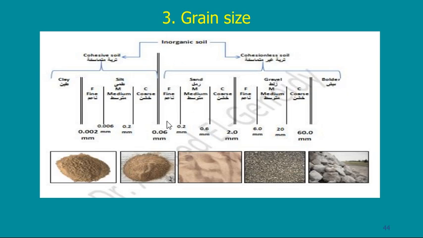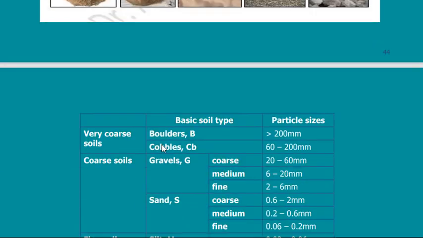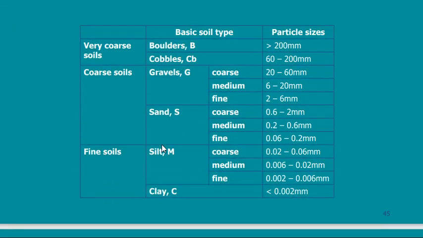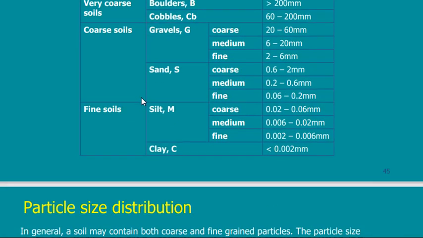The separating sieve is sieve 0.06, which we call sieve number 200. This is a very famous sieve. This is the tabulated form for this analysis.